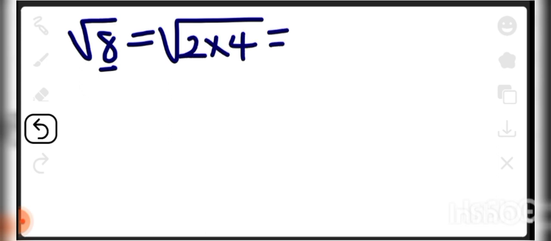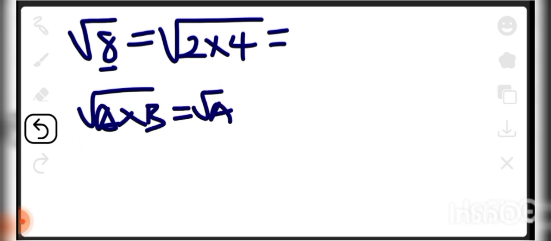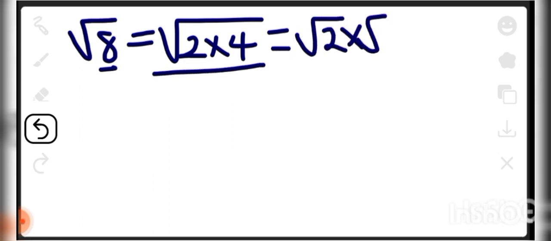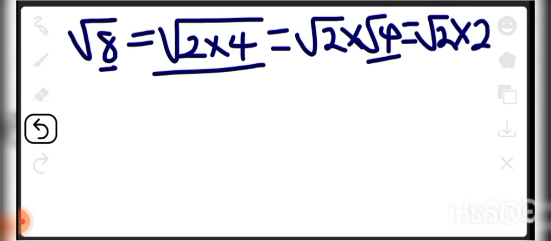Remember, root A times B is the same thing as root A times root B, from the first law. With that, we can separate these two numbers. That will be root 2 times root 4, which is root 2 times 2.